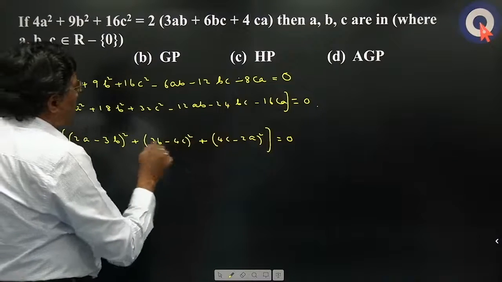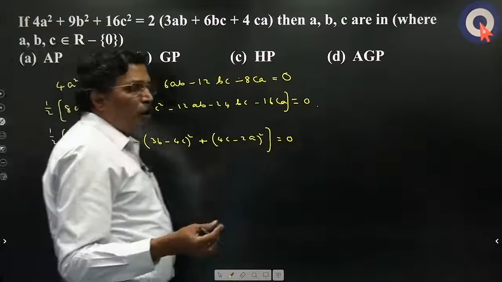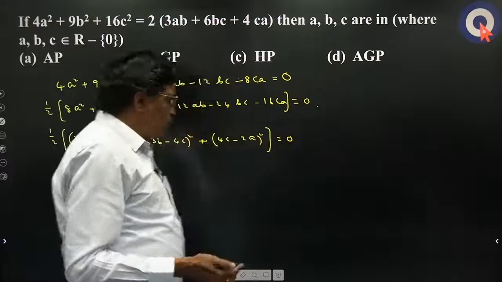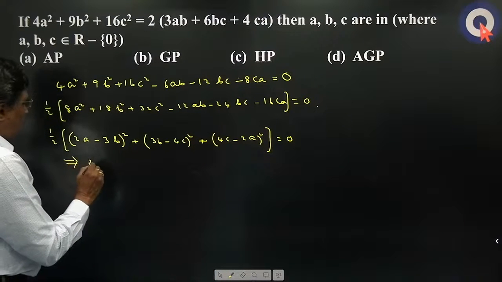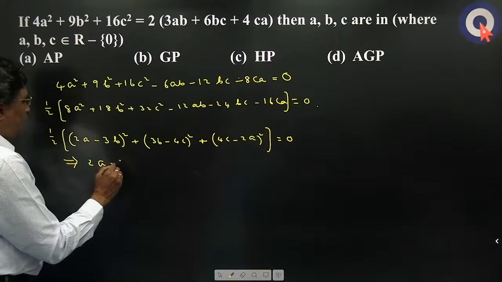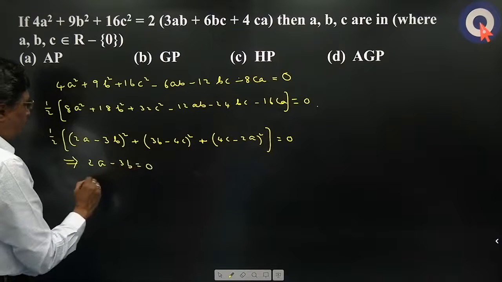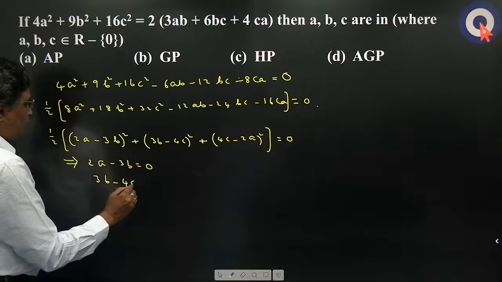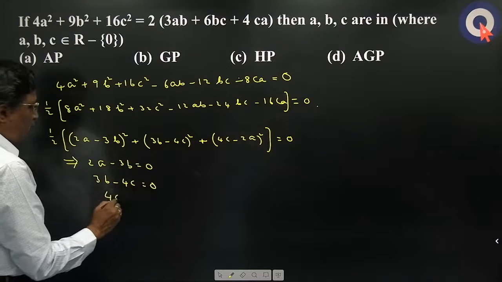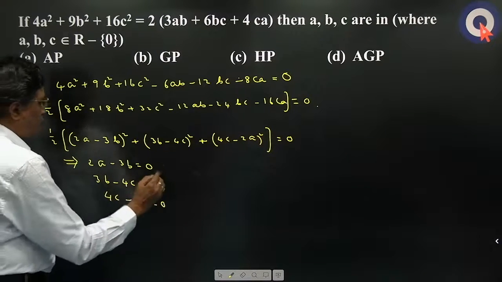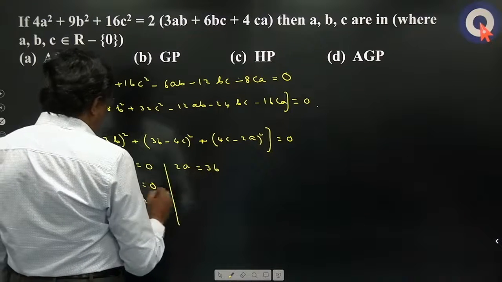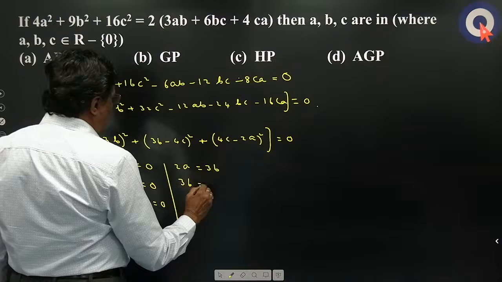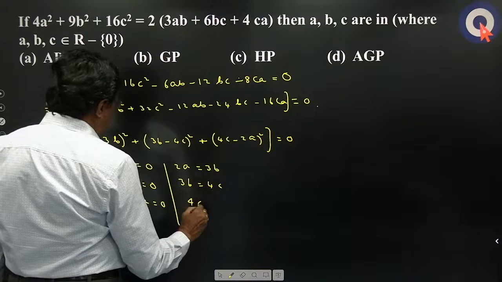So the sum of three perfect squares can't be 0 unless those quantities are equal to 0. This everyone knows. So therefore, at once you are getting 2a minus 3b is equal to 0, and 3b minus 4c is equal to 0, and 4c minus 2a is equal to 0. So what's happening? 2a is equal to 3b, and 3b is equal to 4c, and 4c is equal to 2a.